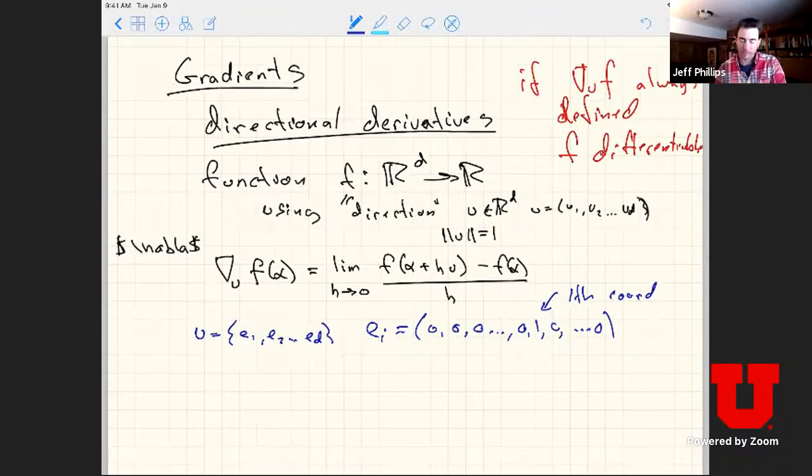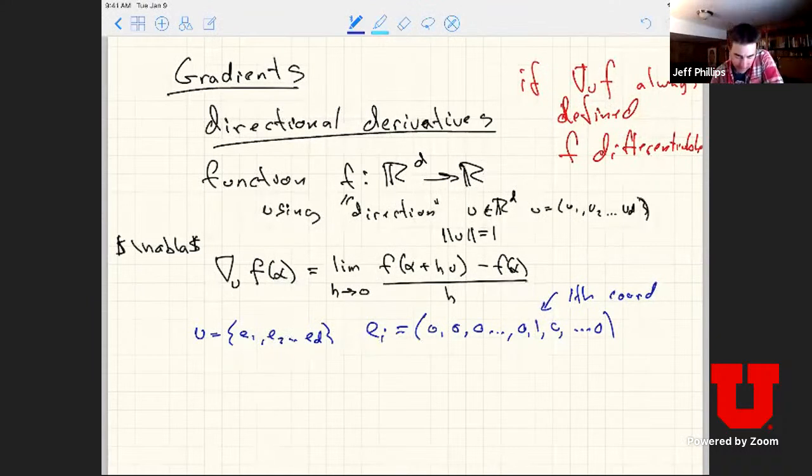So it's an all-zeros vector except for a 1 in the ith coordinate, and this is just the coordinate axes. If I have two vectors in two-dimensional space, it's the x and the y axis: x is (1, 0) and y is (0, 1). But in high dimensions, these are the coordinate axes.